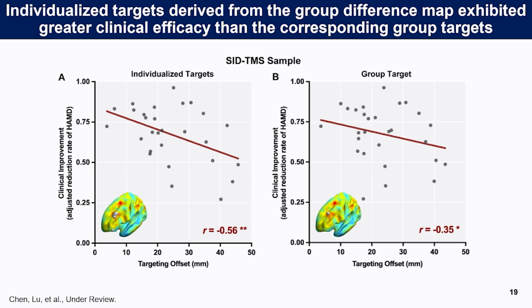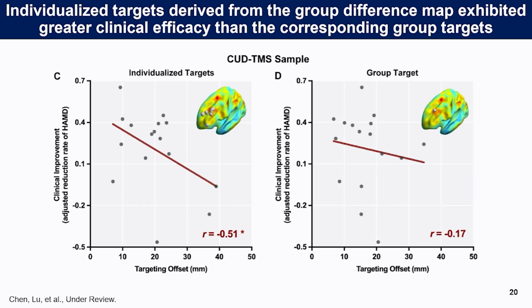Also, we can use a group target. There's some relationship; the offset target distance is correlated with treatment response, but using the individualized target seems better than using the group target. This is on the Xi'an dataset using depression patients with suicidal ideation. And also, Eduardo pioneered open science in TMS neuroimaging, so we also use Eduardo's dataset.